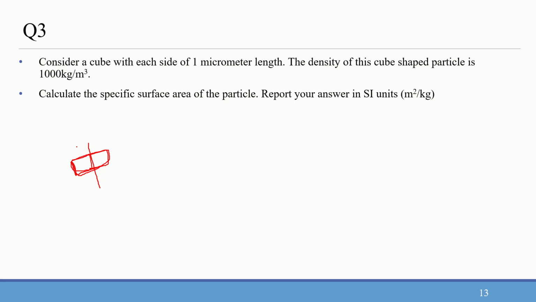Okay, let us do one thing. We'll do this thing. This is 2a and height is a. I think in 2 dimension a into b, a square plus a square.